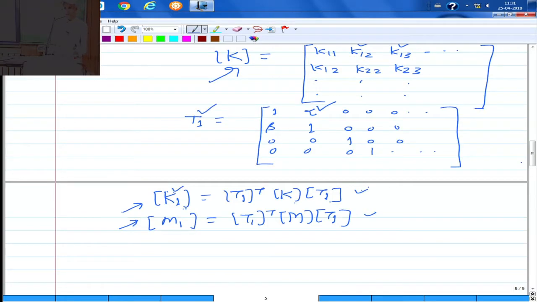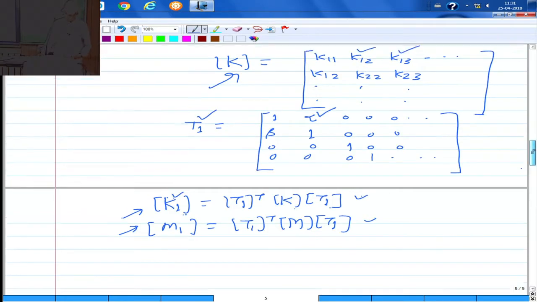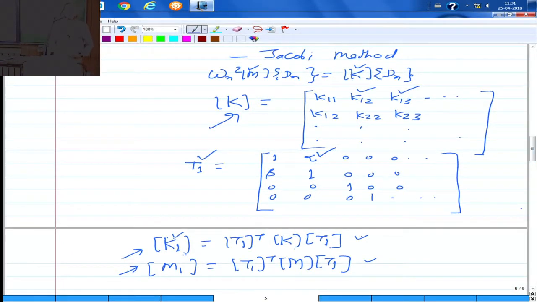But we continue that, we go till the last location, that is finally we will be somewhere here wherein we have Kn minus 1 comma n. So starting with first K12, K13 up to K1n, then K23, K24 and so on, we try to make all of them 0 up to here, and then we repeat this process again. We come back to the final transformed matrices we have got, and again in that we try to make K12 0, K13 0.